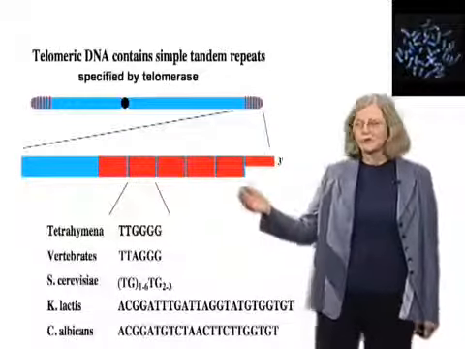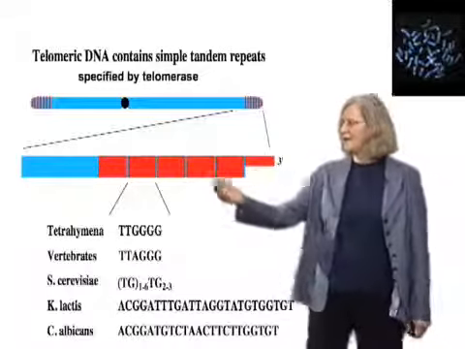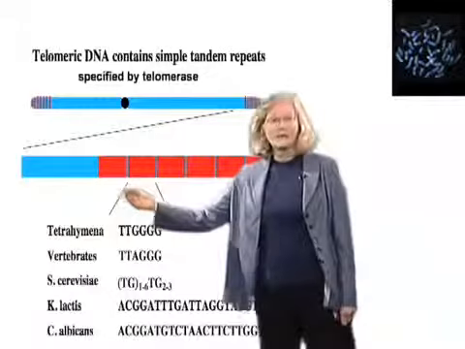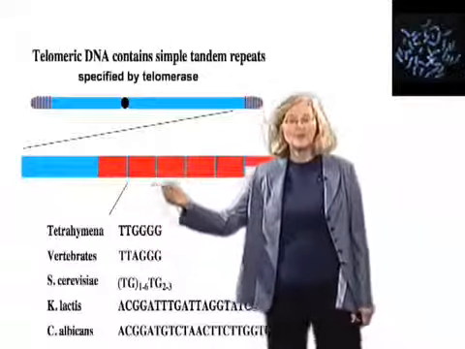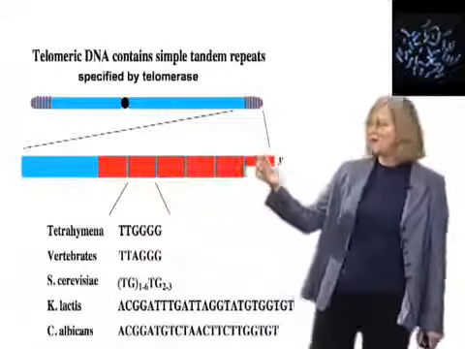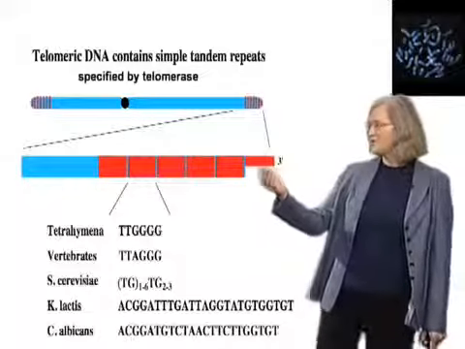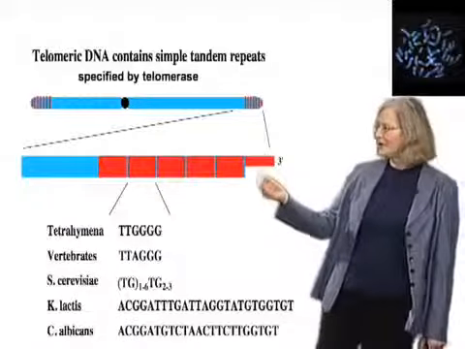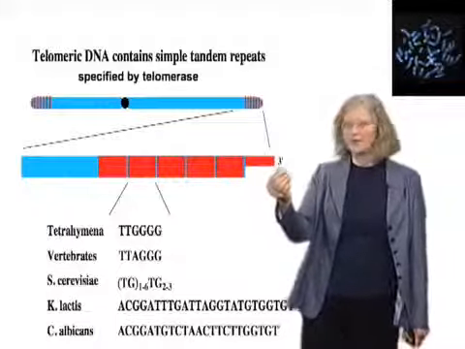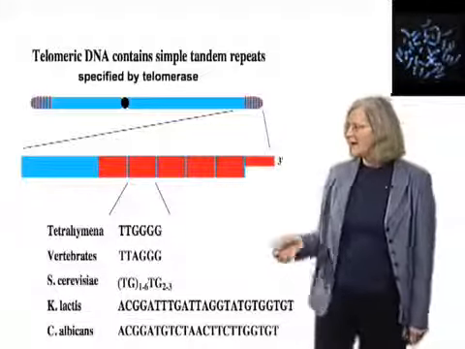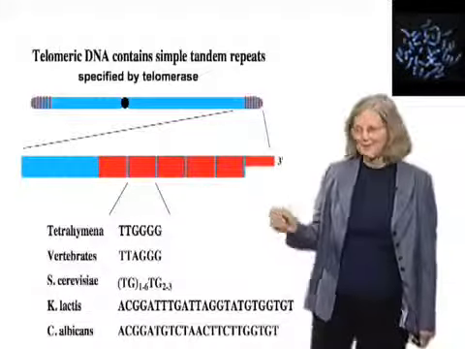Another feature of the chromosomal DNAs is that, like most of the DNA of the chromosome, which is duplex DNA, double-stranded DNA, the very end is single-stranded. And in fact, the DNA strand is oriented 5' to 3', going toward the end of the chromosome. And that turns out to be important.